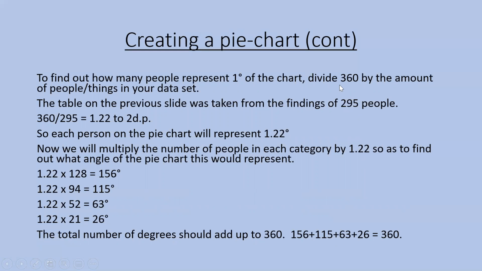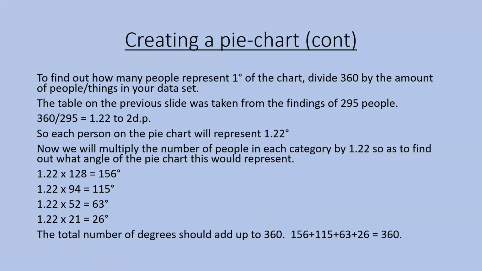In order to do that, we divide 360, which is the total number of degrees in the pie chart, by the amount of people or things in your data set. So that table was taken from the findings of 295 people. So our first stage would be to do 360 divided by 295. And that gives an answer of 1.22 to 2 decimal places. So each person on the pie chart will be represented by 1.22 degrees.